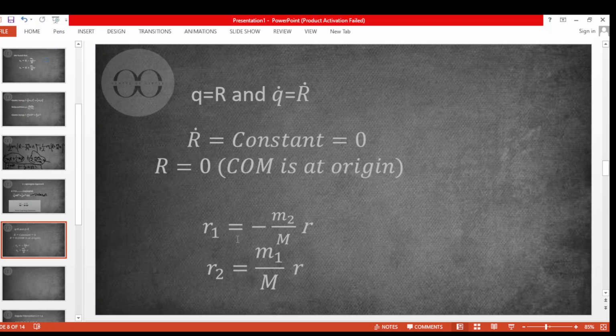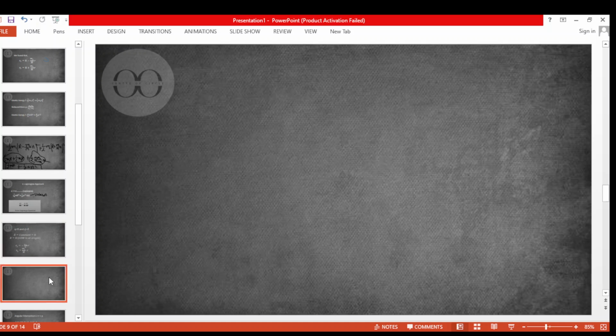That means r1 equals minus m2 by M times small r, and r2 equals m1 by M times small r. So it's now easier for us to move forward and solve other equations, as there are no additional terms here. It is now a simpler, single term equation.